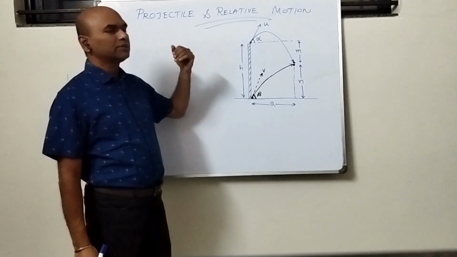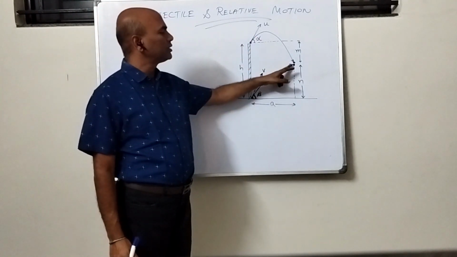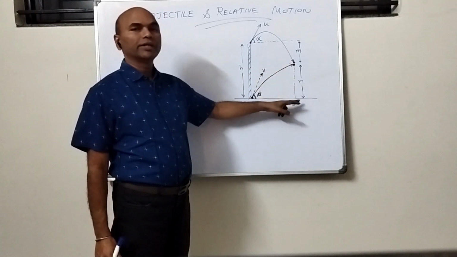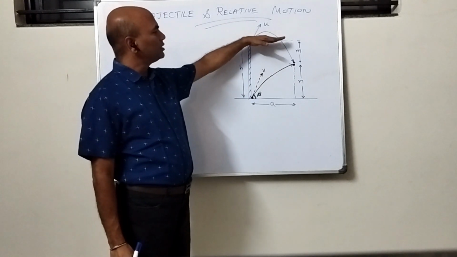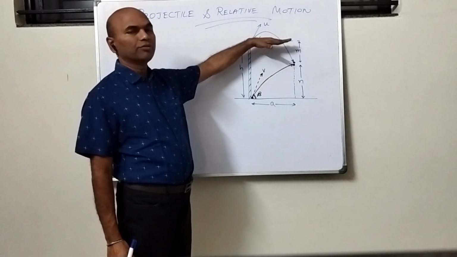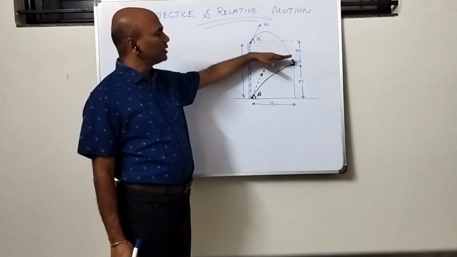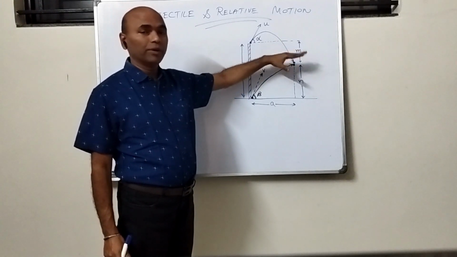And let us assume that they are going to hit one another at this point, which is located in such a way that its height above the ground is n, and just below this level from the point of projection, the top of the tower, it is below at a height of m.